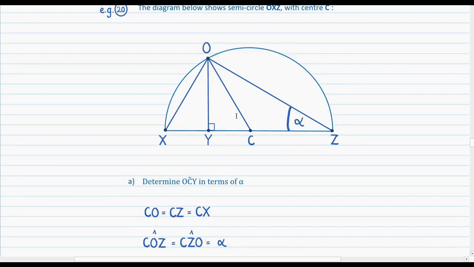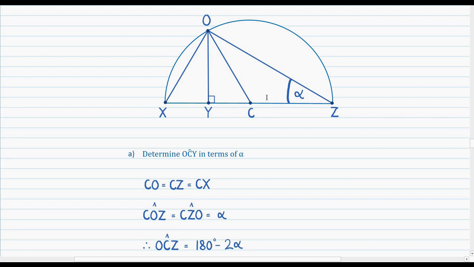So we need to determine this angle OCY. Since these are both alpha, this angle would be 180 degrees minus alpha plus alpha, so 180 minus 2 alpha. So you know this angle is 180 minus 2 alpha, and we know this total angle is 180.